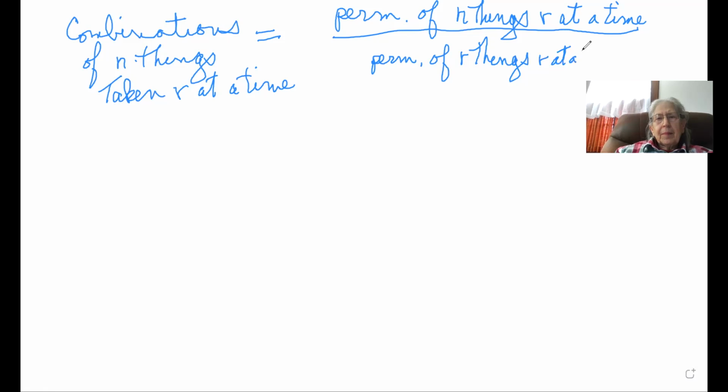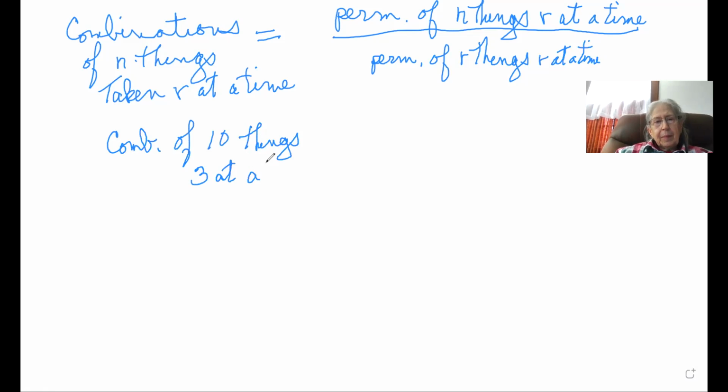So if we want to know the combinations of 10 things, three at a time, we start with the permutations of 10 things, three at a time.